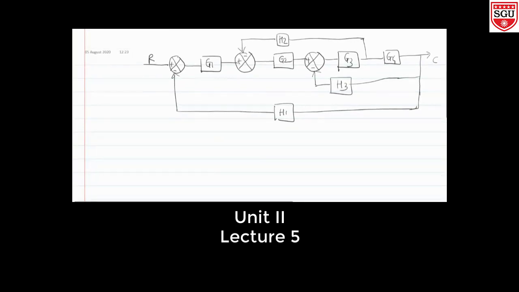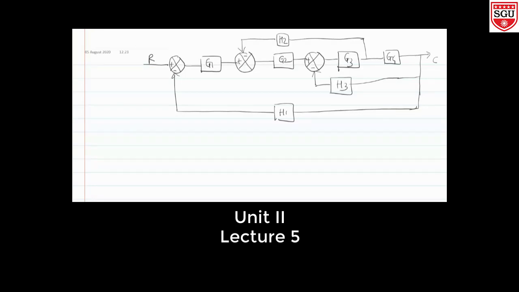So I need answers from you now. Look at the problem carefully and tell me how we can proceed. Which block can we eliminate? Try to apply the rules. The first hint I will give you: look at G3 and G4. Can we combine those with the given condition?